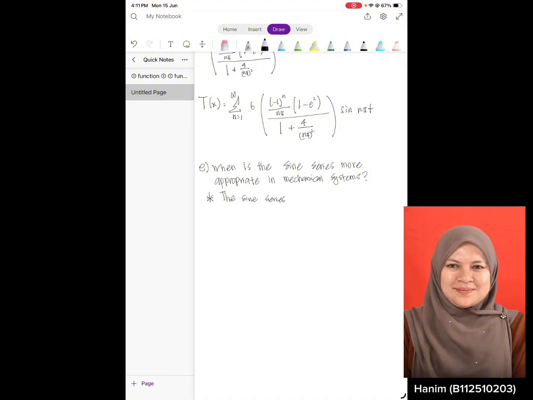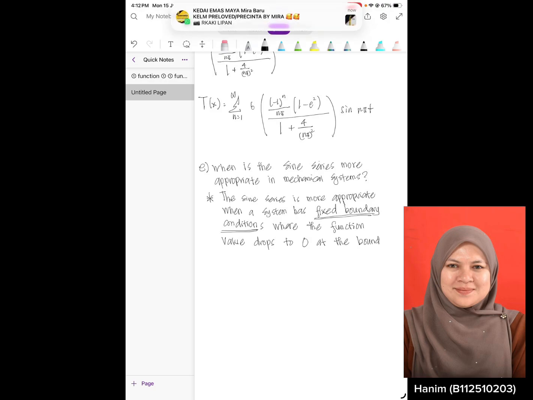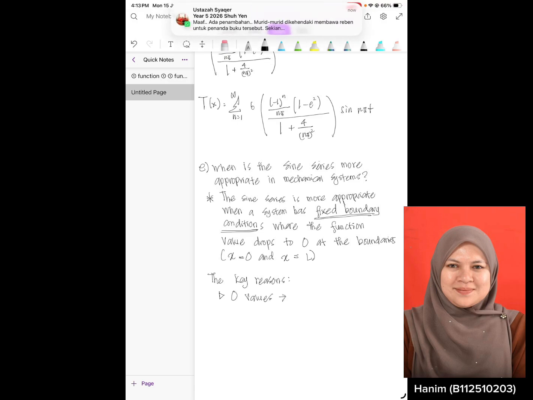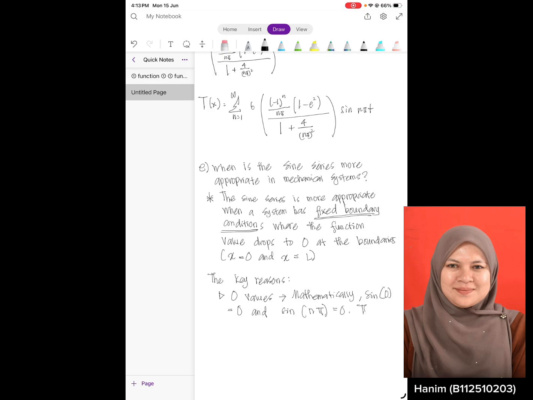The sine series is more appropriate when a system has fixed boundary conditions, where the function value drops to 0 at the boundaries, which are x equals 0 and x equals L. The key reason is mathematical: sine 0 equals 0 and sine n pi equals 0, and this naturally satisfies the Dirichlet boundary condition.